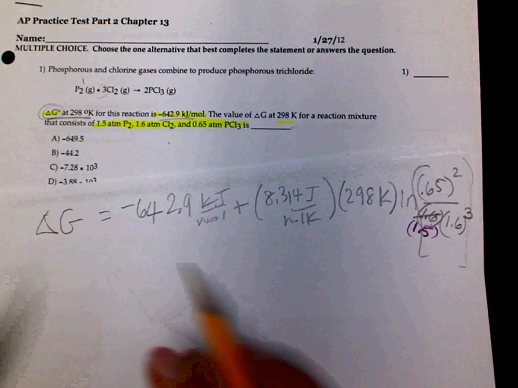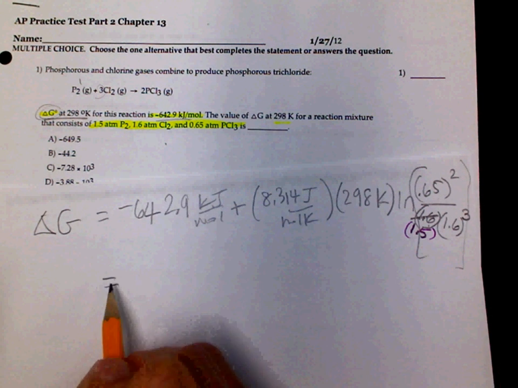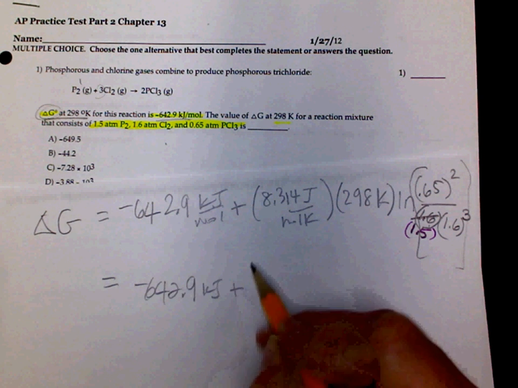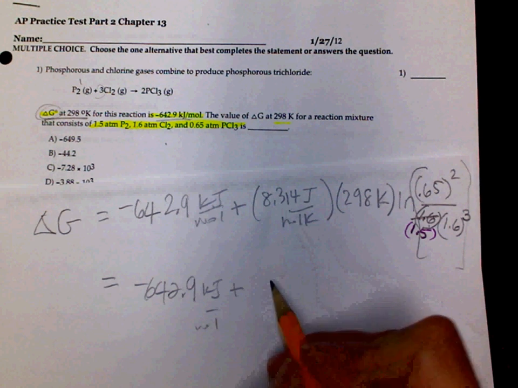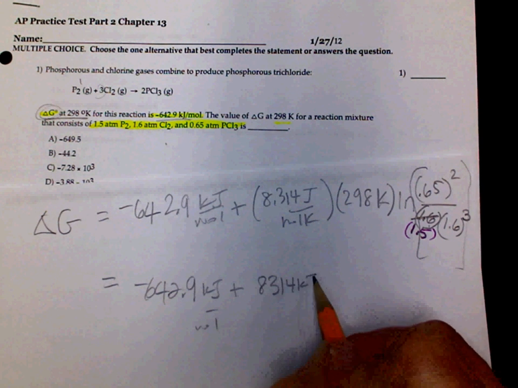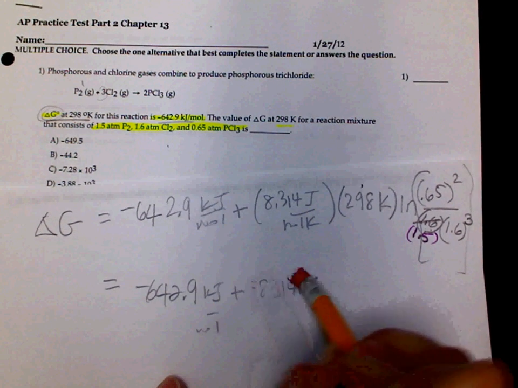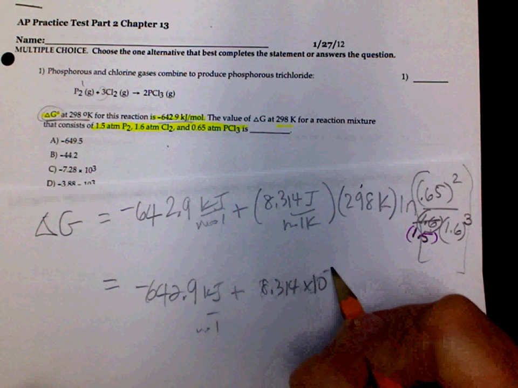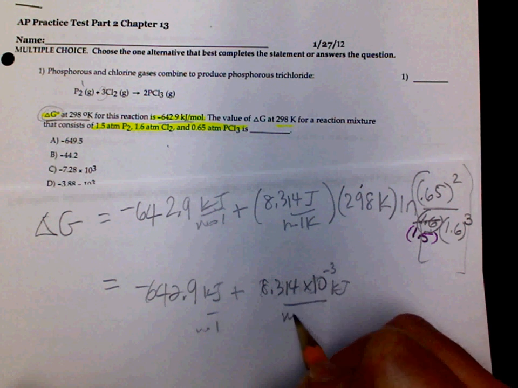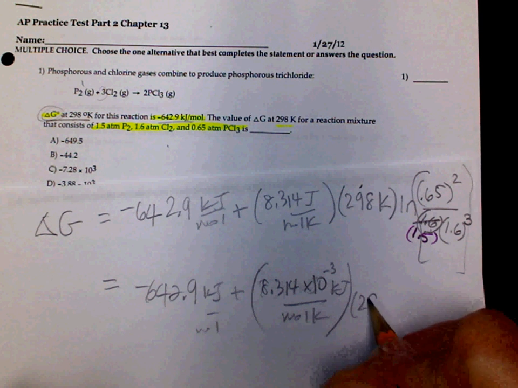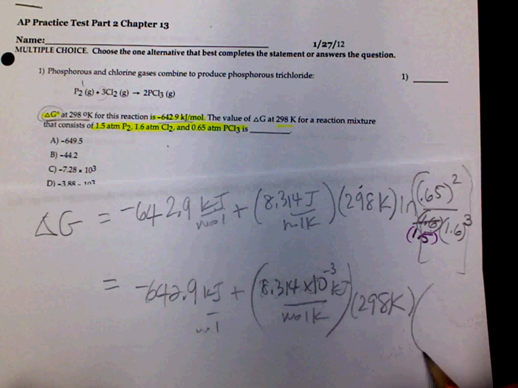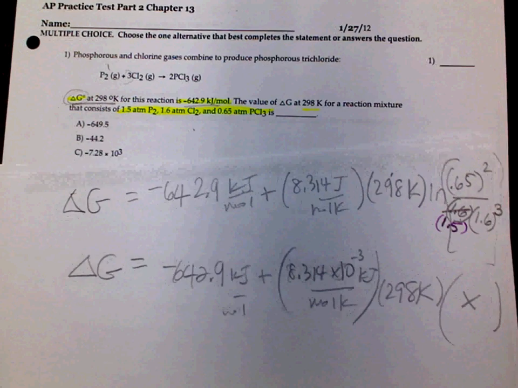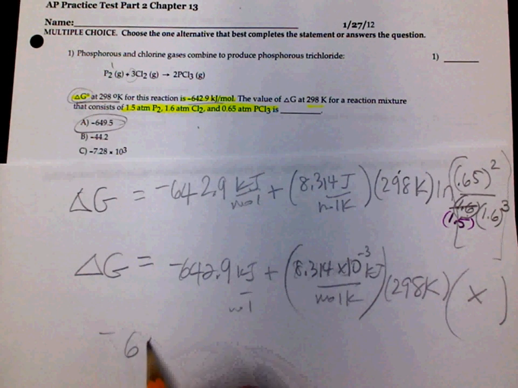All right, so then let's see. We're going to solve here, and what I'm going to do before I go any further is make sure that I've converted this to kJ, and of course I just did that wrong. 8.314 times 10 to the negative third kJ per mole Kelvin, 298 Kelvin. ln of all this stuff, and our answer here is A, minus 649.5 kJ.